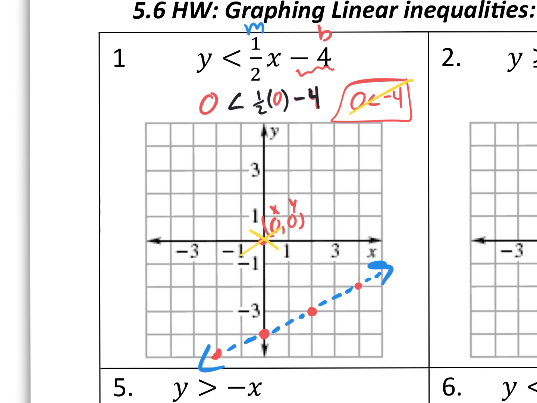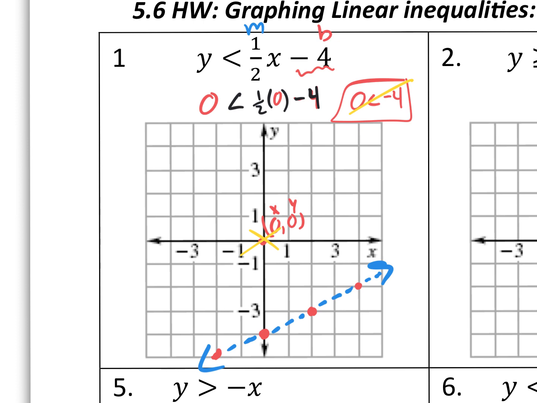So if this point is not an answer, none of the points in this area above the line are answers. That means the answers are on the other side. That's the way you should understand how to do it, but there's a quicker, easier shortcut.